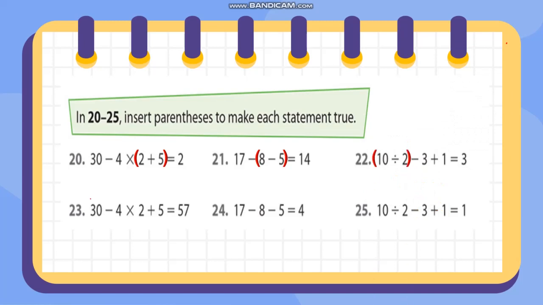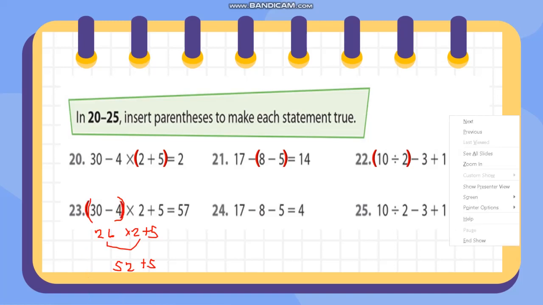Next, 23. If I put parentheses here, 30 minus 4 is equivalent to 26, and 26 multiplied by 2 plus 5. So 26 multiplied by 2, because based on the rule, we need to multiply first before we add. So 26 multiplied by 2 is 52. Then 52 plus 5 is equivalent to 57.